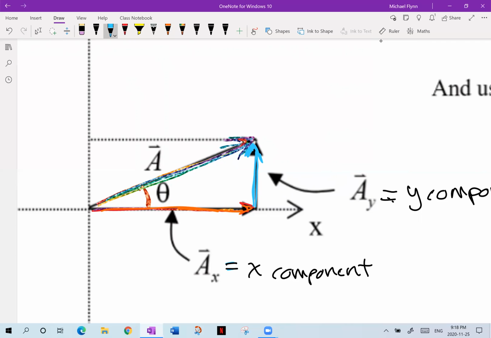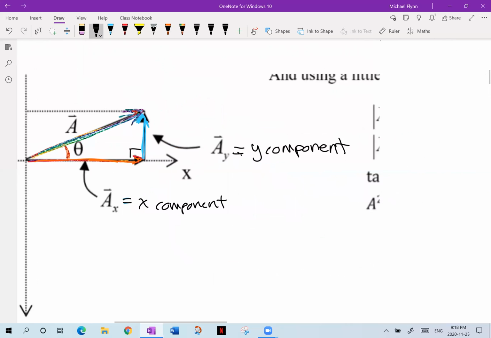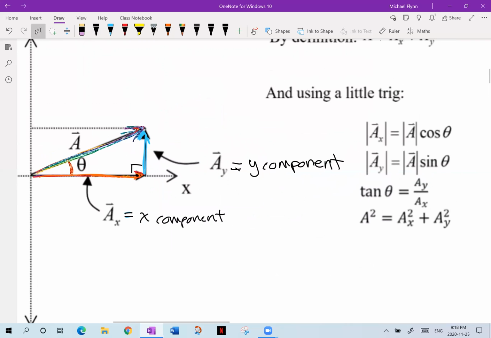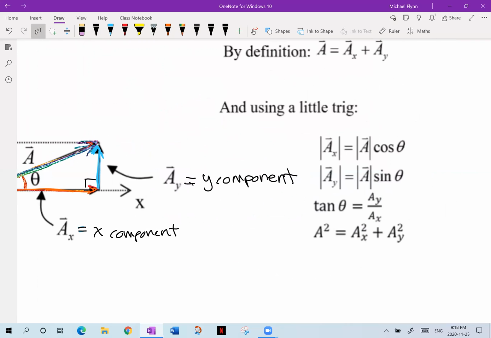So if you get the idea, the components are the projection of the vector onto the two axes, and every time we break a vector into components, we're constructing a right angle triangle, okay? And that's a critical point. Because this is a right angle triangle, the Pythagorean theorem applies.